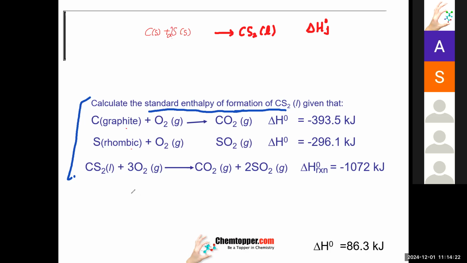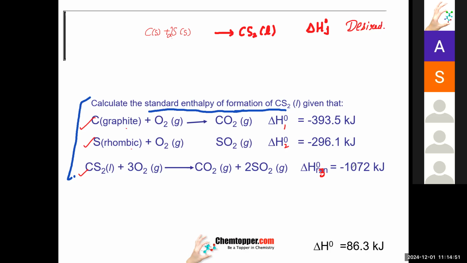Now you're going to use these three equations. You can multiply them with any coefficient. You can reverse them. You can flip the equation. You can multiply it depending upon what you want. What is your desired equation? Just focus on your desired equation.